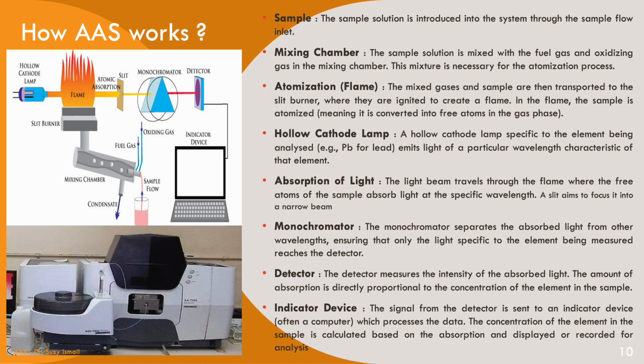The sample solution is introduced into the system through the sample flow inlet. You can see the pink color in the beaker where the sample is located, and then you have a tube sucking the sample into the mixing chamber.